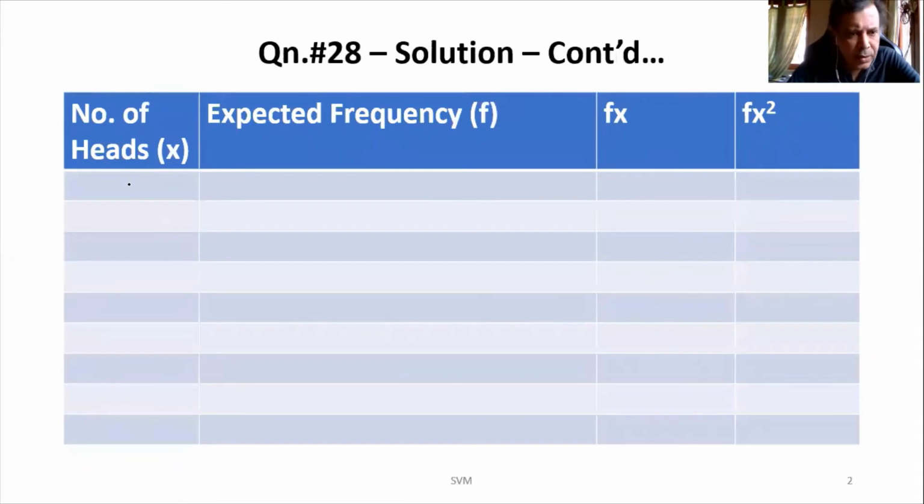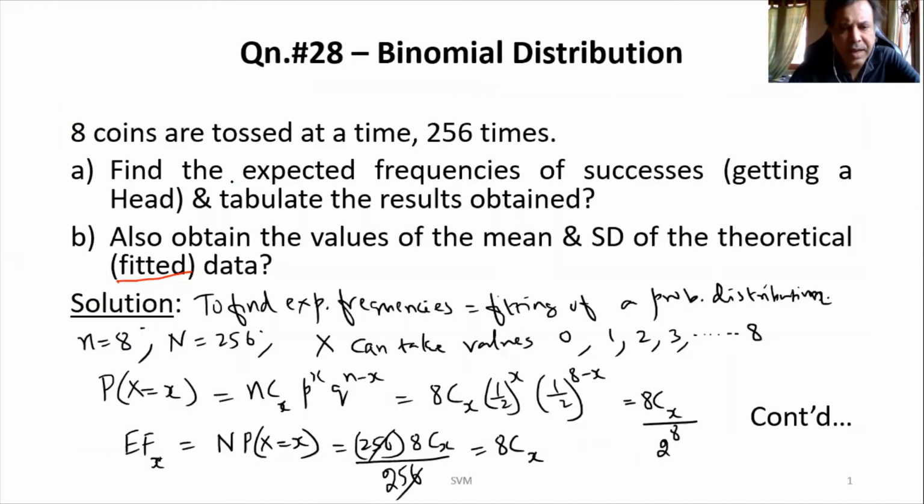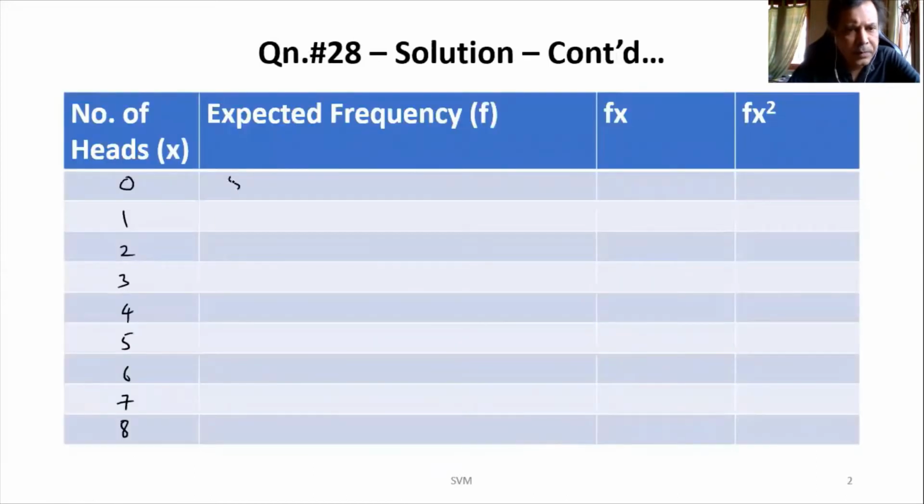Number of heads can be 0, 1, 2, 3, 4, 5, 6, 7, and 8. The expected frequency, we already know, is 8Cx. So 8C0 becomes 1. 8C1 becomes 8. 8C2 becomes 8 into 7 by 2, so 56 by 2, which is 28.